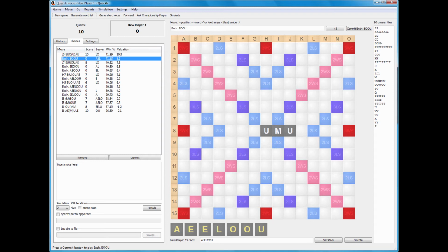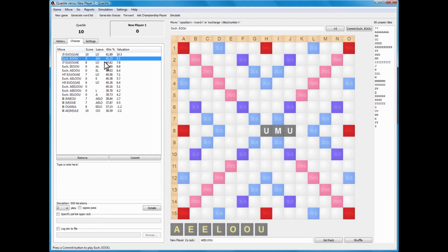So by changing tiles and keeping a vowel excess, that doesn't feel like the best thing to do. And it can feel like you're inviting trouble by drawing many vowels. And on the occasions when you do draw lots of vowels, that can reinforce the idea that you did the wrong thing by keeping an excess of vowels.